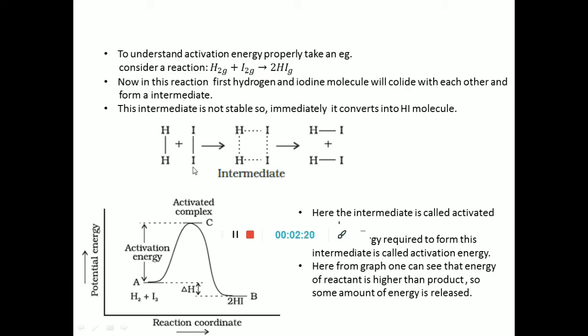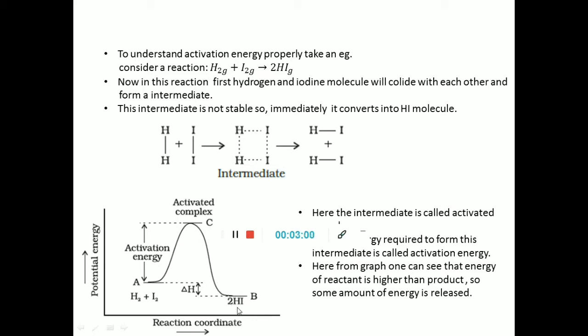Now, if we draw a graph of potential energy versus reaction coordinate, it will give us a curved graph. You can see here the first point is our reactant H2 plus I2, then potential energy increases, then at the highest peak point it is our intermediate, the activated complex, then the potential energy lowers down and becomes very low and gives us product.